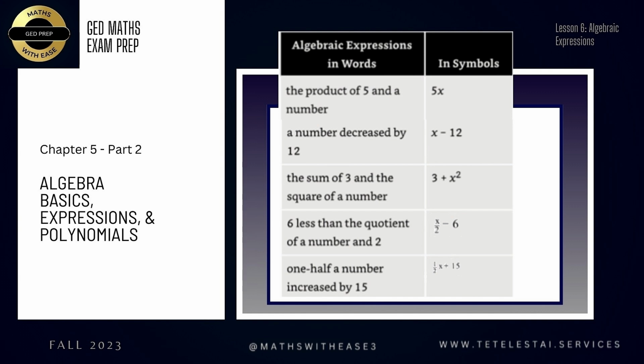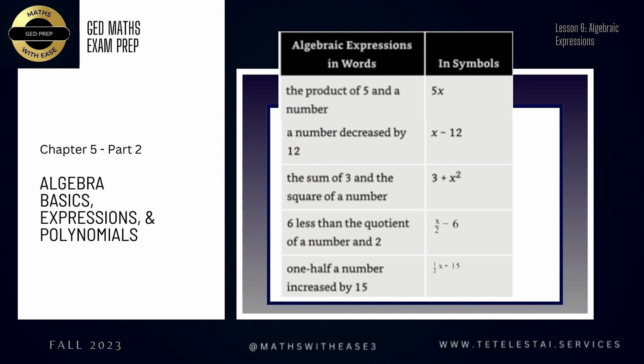It could be 100, it could be 45, negative 75, or even 0. In other words, it can vary, and as a result, we have leeway to represent this unknown quantity as a symbol. In this case, the author has chosen x, so the product of 5 and a number can be rewritten in symbolic form as simply 5x.